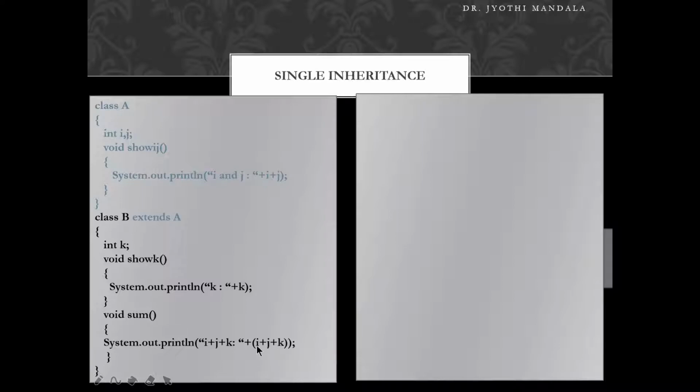Why? Because i and j are defined in class A, and class B is extending class A. So the compiler will not throw any error, because class B can get all the properties defined in class A, along with its own properties. Simply by adding the keyword extends and writing the class name like this.